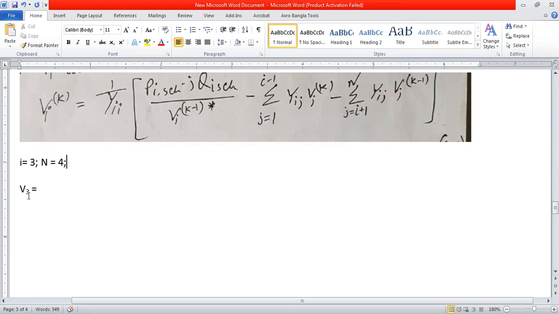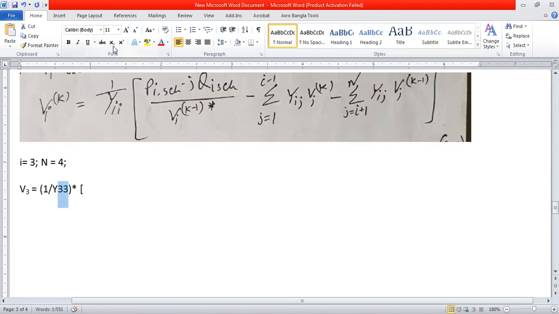So now we calculate the bus 3 voltage magnitude and angle. V3 is equal to, the general equation is 1 by Yii, where Y is the Y bus matrix element. The value of i is 3 here because we find the equation for bus 3. So the equation will be 1 divided by Y33.